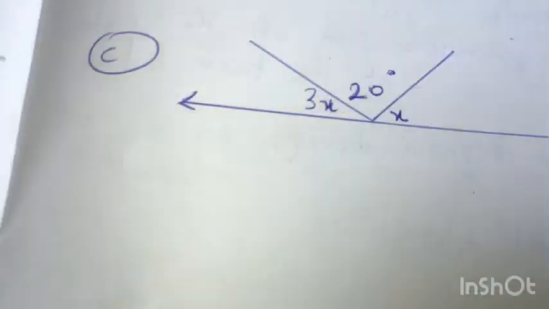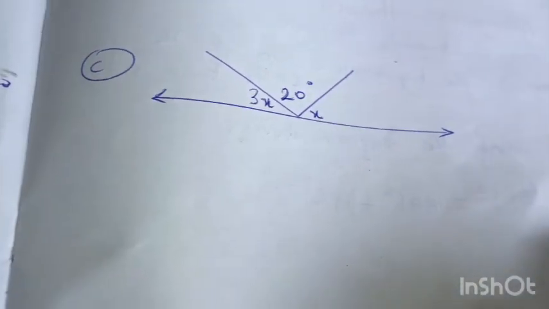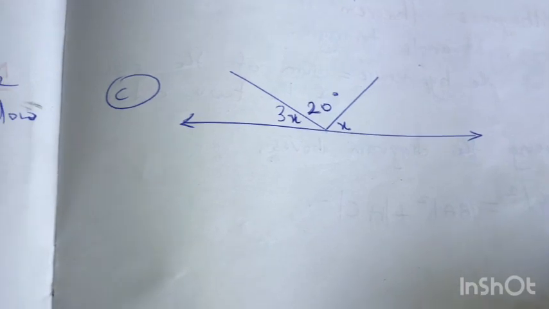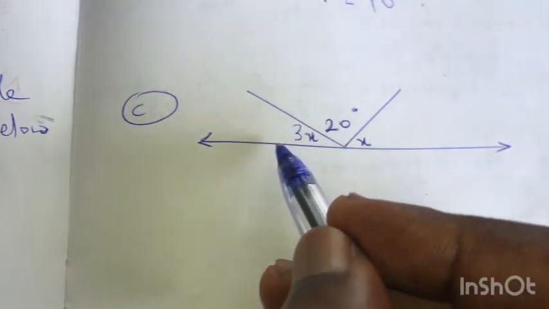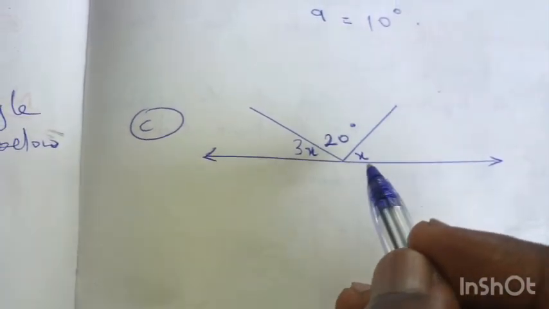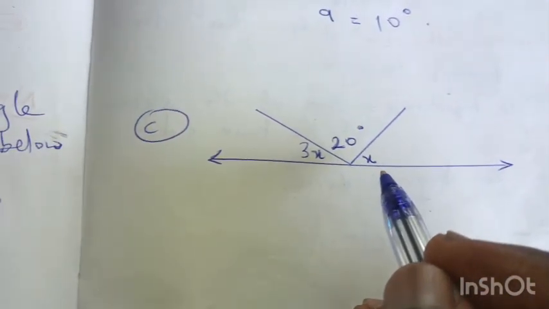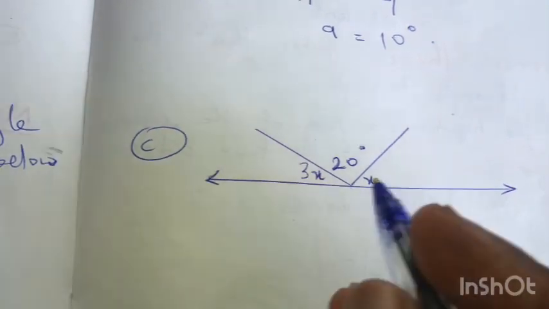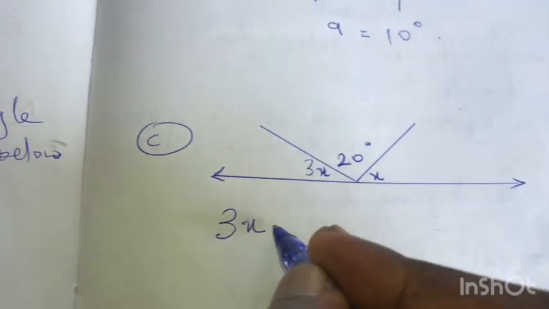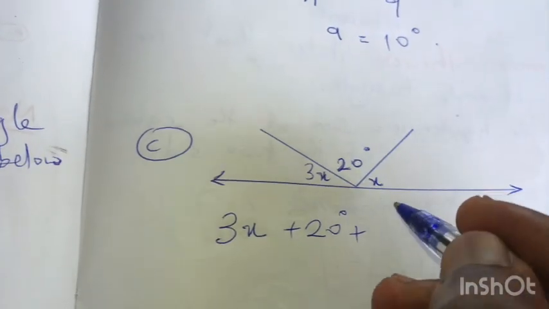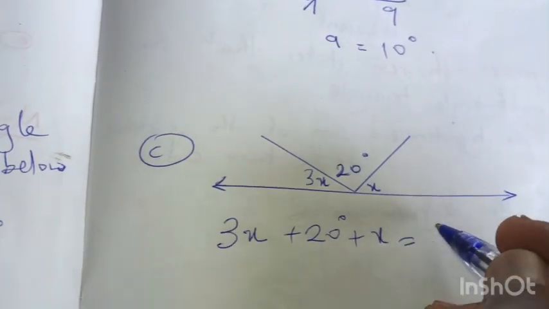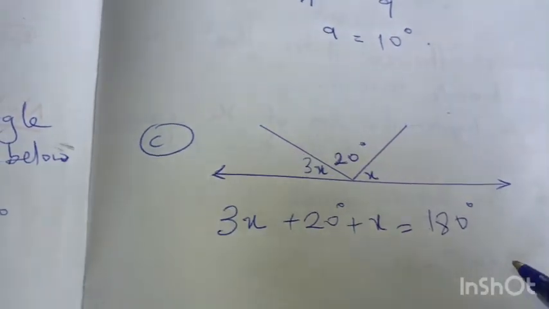Let's look at our last question for the day and we'll end it for today. Now, how do we find x in this? Remember that this is a straight angle. So our angles on the straight line will sum up to exactly 180 degrees. So when we add them, 3x plus this angle 20 degrees plus the last angle x, we are going to get what? 180 degrees.